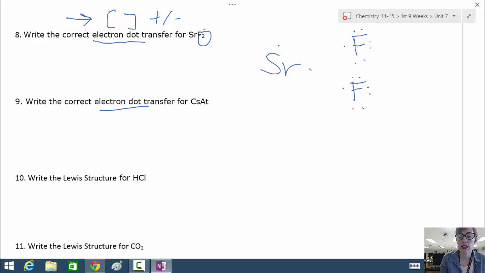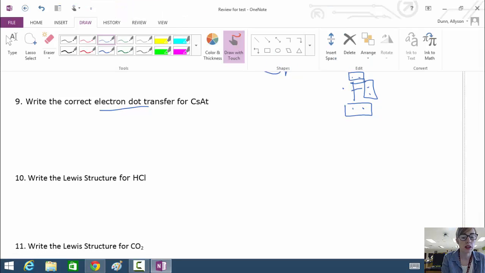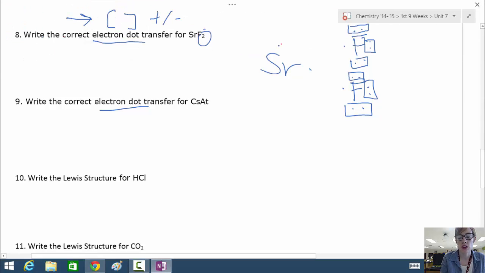And remember that anything that is already paired up is basically in a long-term relationship. It's not going to react with anything. So you got to look at the single electrons, because those are the ones that bond. So this one electron is going to bond with the 1 electron in fluorine, but instead of drawing a line, I'm going to draw an arrow because fluorine will totally steal that electron from strontium.